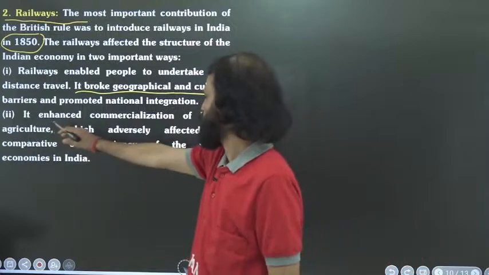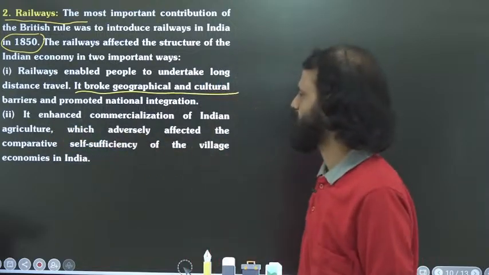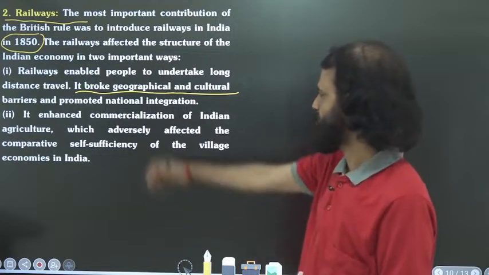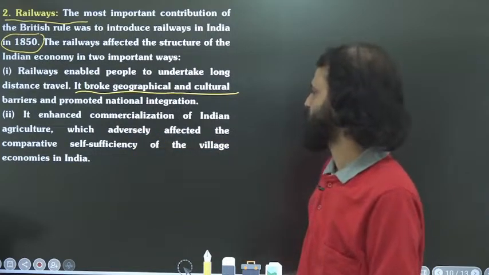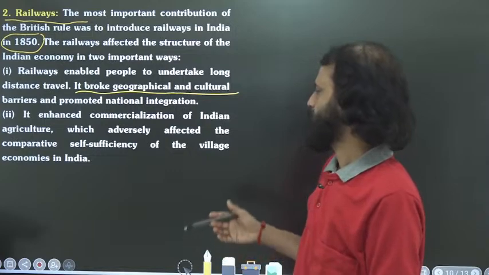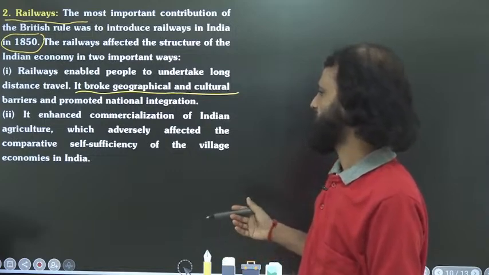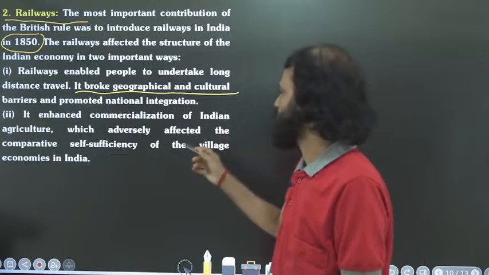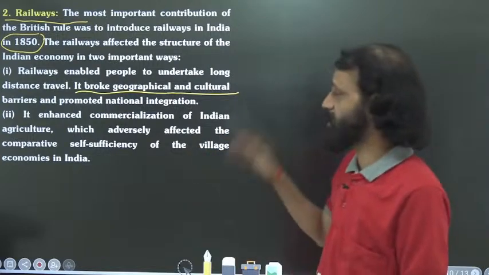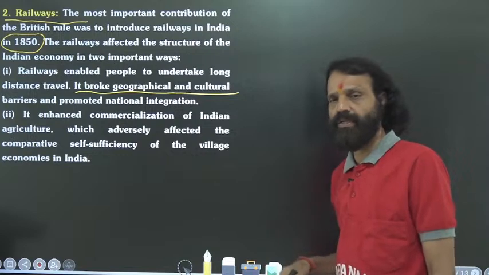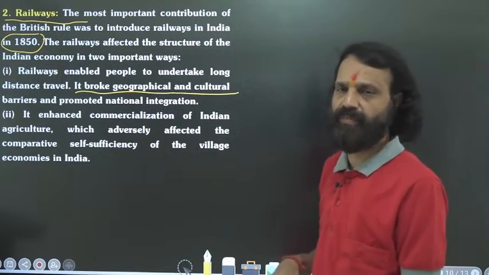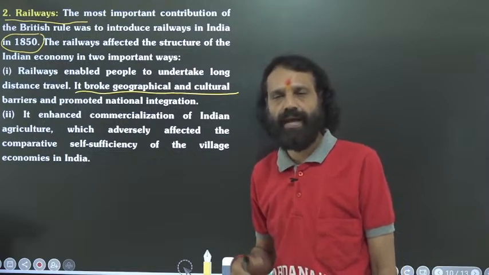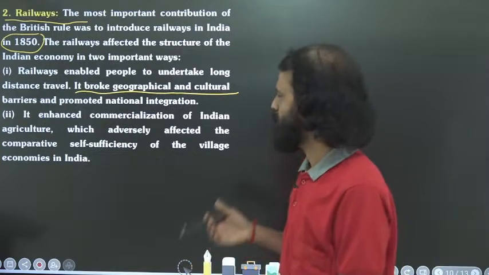It enhanced the commercialization of Indian agriculture. It also enhanced the commercialization of agriculture, which adversely affected the comparative self-sufficiency of the village economies in India. Once the railway started, what happened? The raw materials, the Britishers collected as fast as they could.